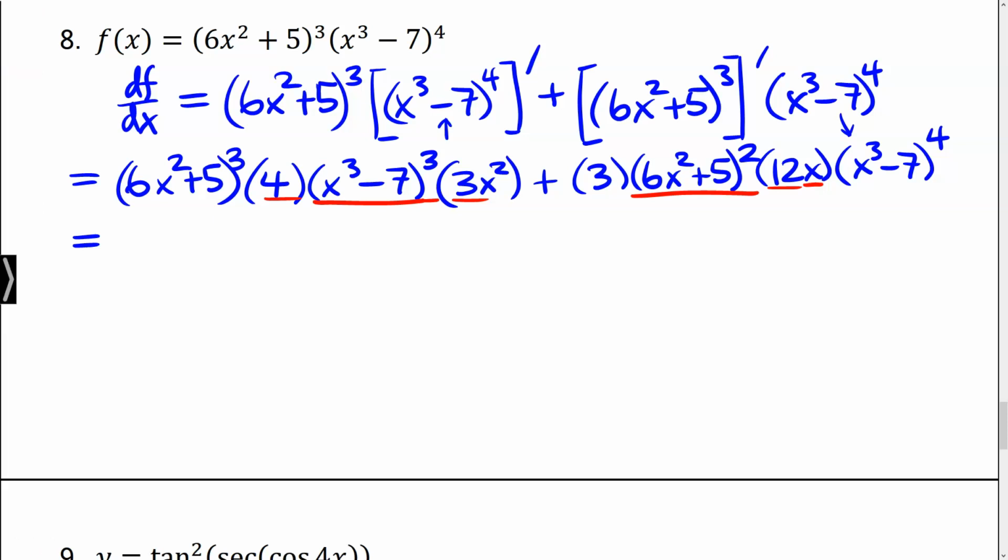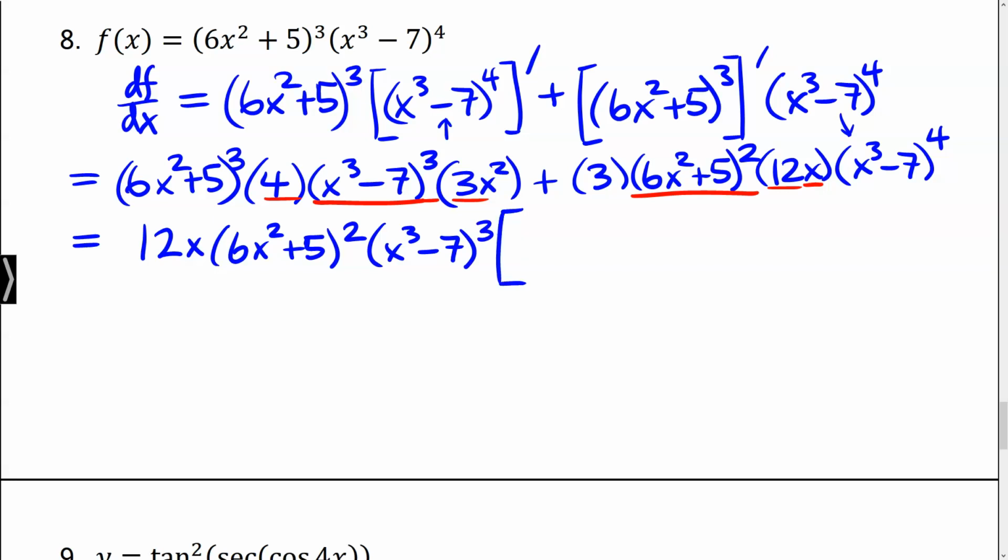So what we're factoring out is a 12x times a 6x squared plus 5 squared times an x cubed minus 7 cubed. And then we're left over with a bunch of stuff. So we have to figure out from each term what's left over. From this first one, we have one factor of 6x squared plus 5 that's left, because we only took out the squared, and that's cubed.